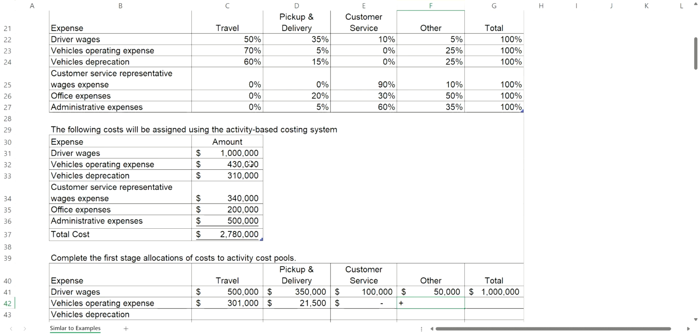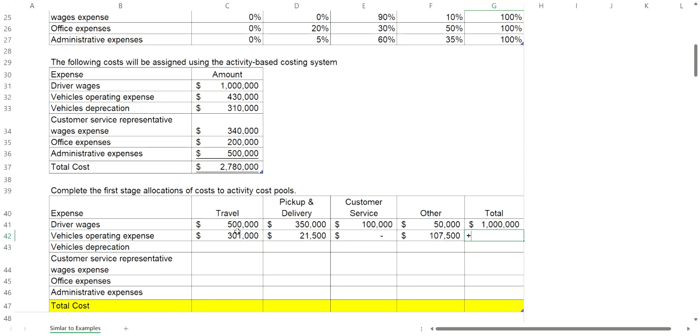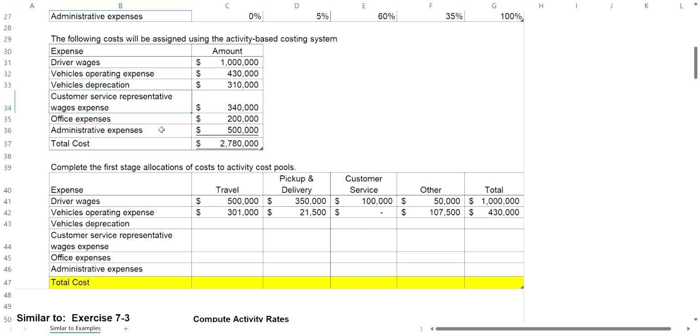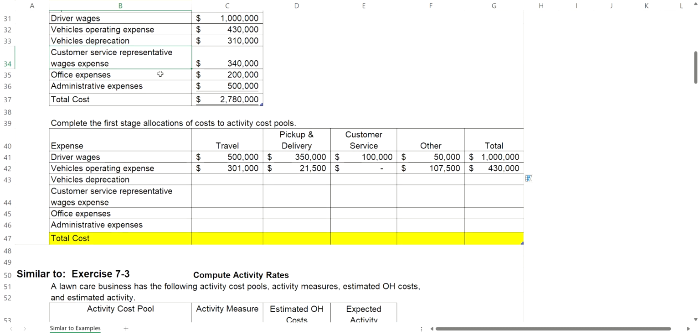And for other, I'll take $430,000 times 25%. Now again, I want to add up and verify it equals 430. I would do the same thing for the vehicle depreciation, customer service representative wages expense, office expense, and administrative expense. For simplicity here, I'm just going to go ahead and fill those in.